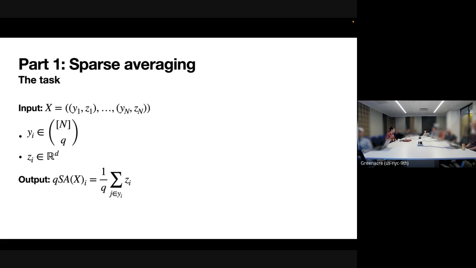The task is to output, for each element, an average of the z_j's whose indices are chosen according to y_i. So it's a sequence mapping task where each input says to average together these other inputs and output that. The key idea is that each one is saying a different thing.